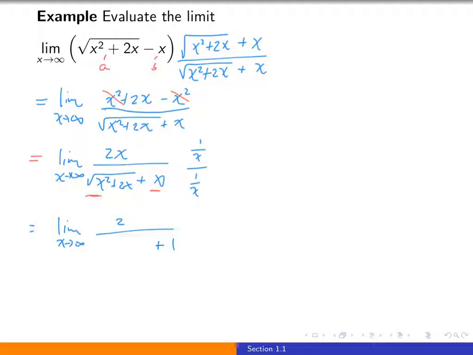And recall from our previous example that when we put that 1 over x against the square root, we are going to write that as the square root of 1 over x squared because we're dealing with a positive quantity for x. So this will become underneath the square root 1 over x squared times x squared plus 2x, which is 1 plus 2 over x.